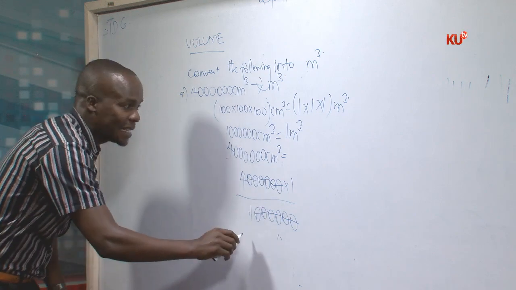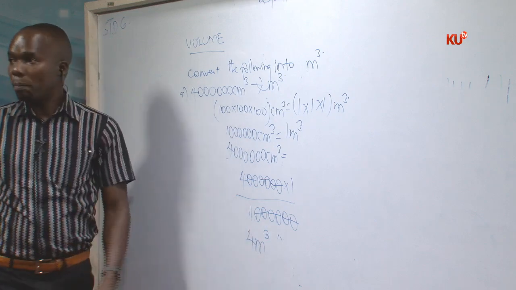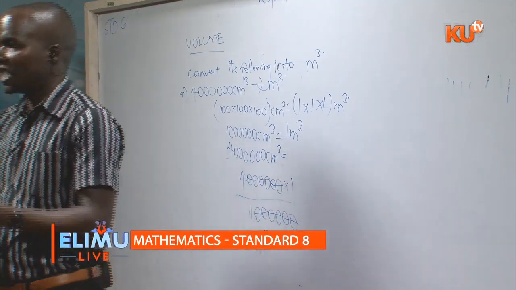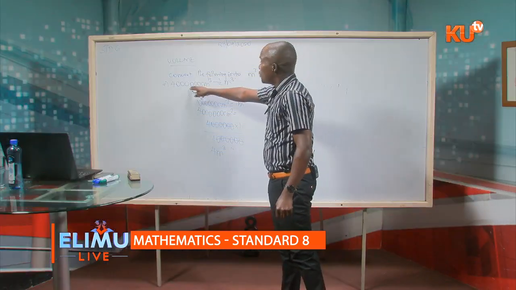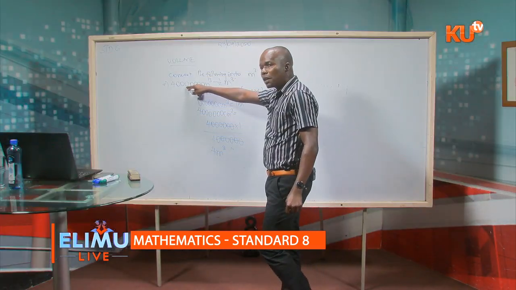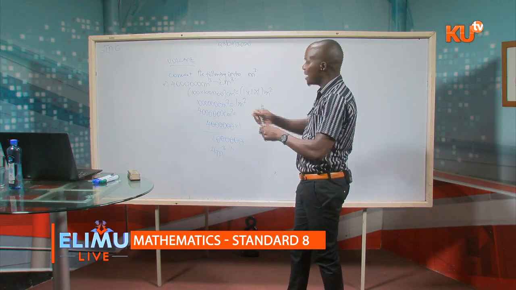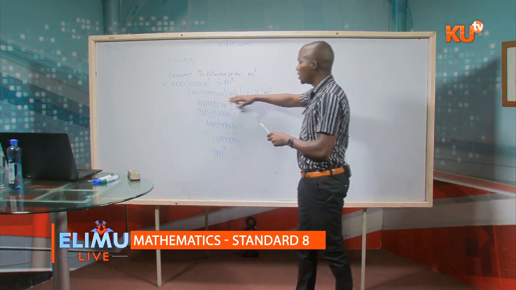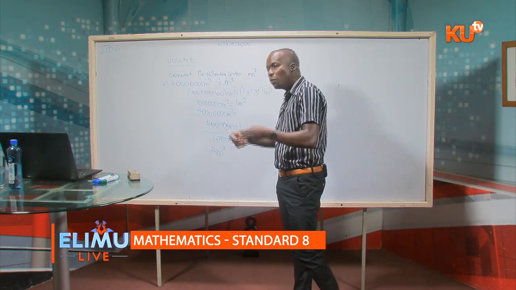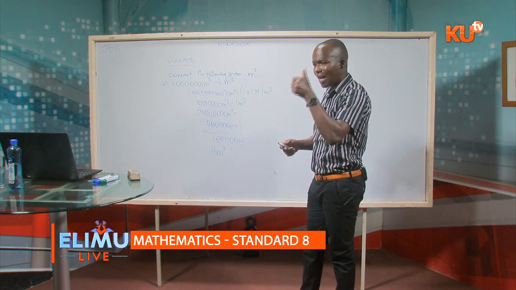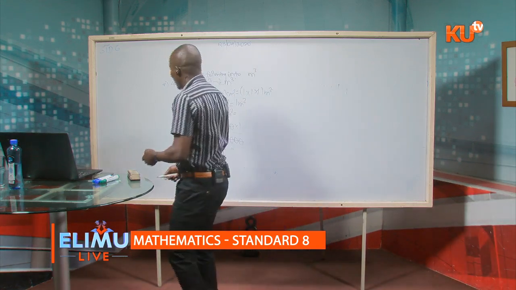So we'll have 4 cubic meters. I hope from home you understand that. Converting 4 million cubic centimeters into cubic meters, you must first know the conversion formula, which says that 1 million cubic centimeters is equal to 1 cubic meter. From then on, we can also convert others.